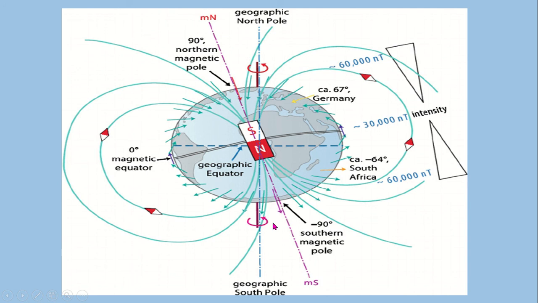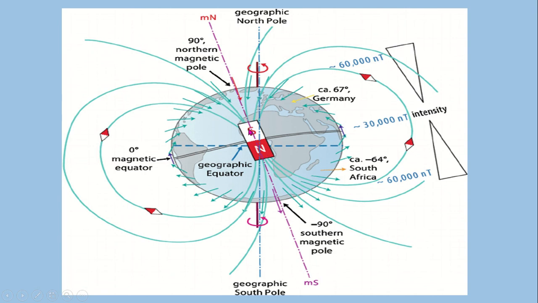And you know, when any bar magnet is suspended, it always shows the north and south direction. How is that possible? Because if you suspend any bar magnet, the bar magnet's north pole will be attracted by the south pole of the Earth's hidden magnet, and the bar magnet's south pole will be attracted by the north pole of the Earth's hidden magnet.